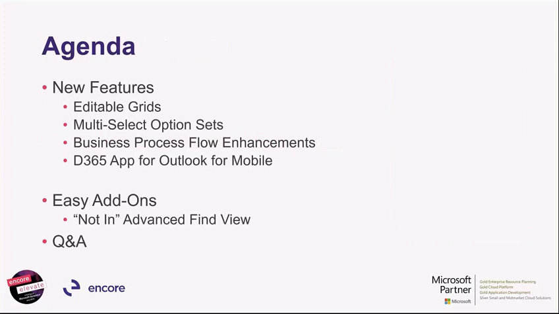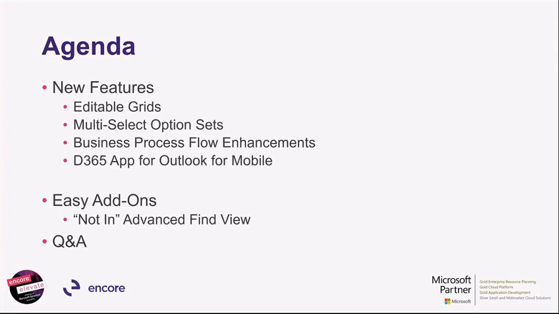So here's the agenda that we'll be going over today in terms of the newest features. The first feature we'll be going over is the editable grids. And then we'll transition into the multi-select option sets, as well as the business process flow enhancements, and we'll take a brief look at the Dynamics 365 app for Outlook for the mobile functionality.